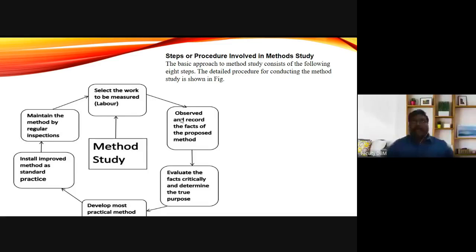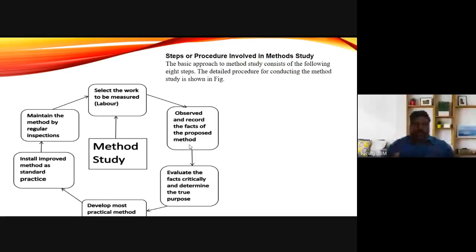And the next is observe and record the facts of the proposed method. So here, after selecting a work which we have to study, then we have to start observing that work, and we have to record the facts. Actually, what is the existing system going on? Existing method is going on, and we have to think of a proposal method. Then that proposal method we have to evaluate critically and determine the true purpose.